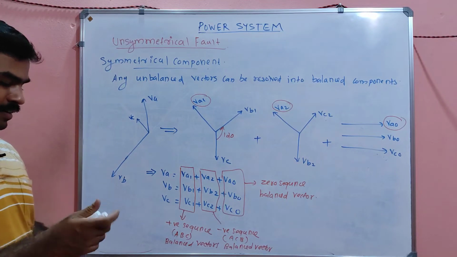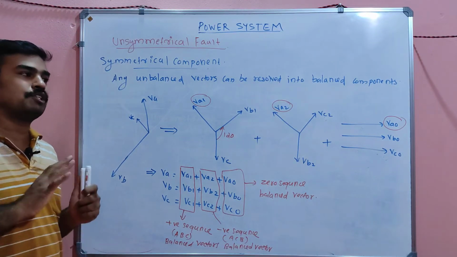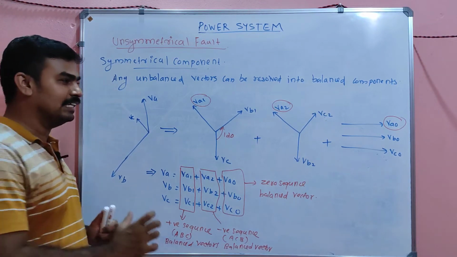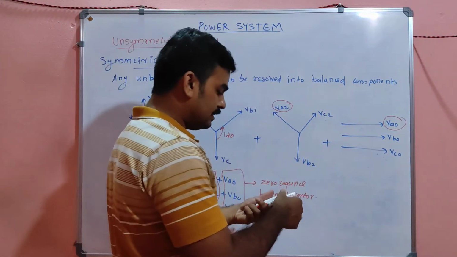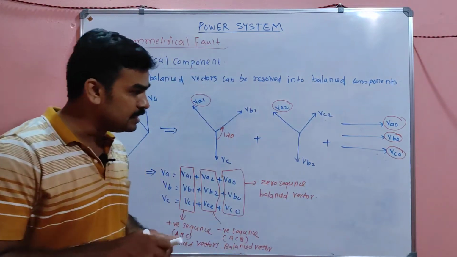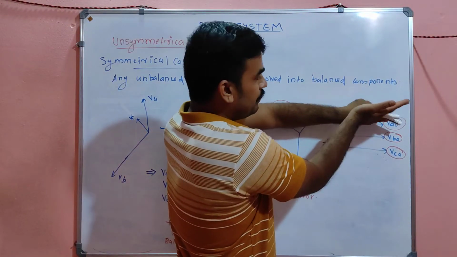Actually, a very interesting thing you might have noticed. When I was a student in my BTech, I didn't know this, the beauty of the zero sequence. You know, my dear, these three zero sequence vectors, A0, B0 and C0, actually overlap each other.